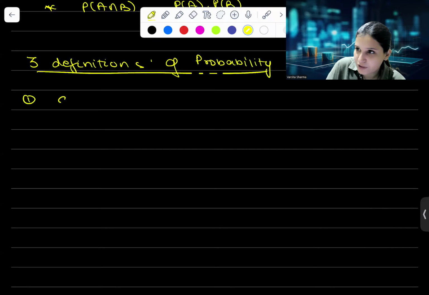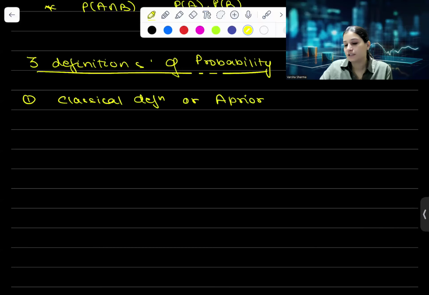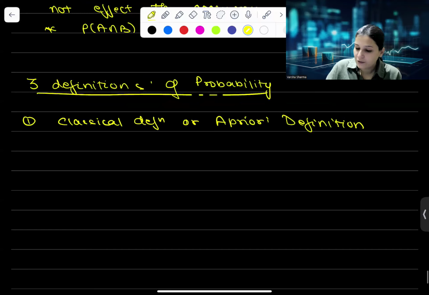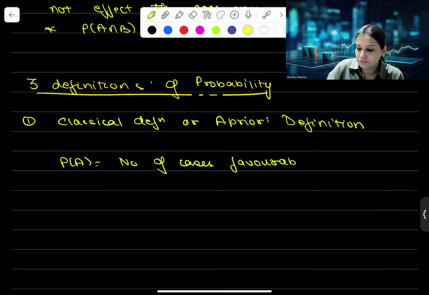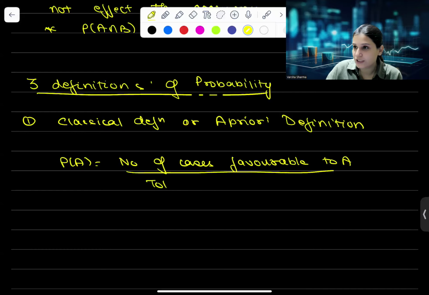The first one, which we will use also, is the classical or a priori definition. Probability of A will be the number of cases favorable to A by the total number of cases.